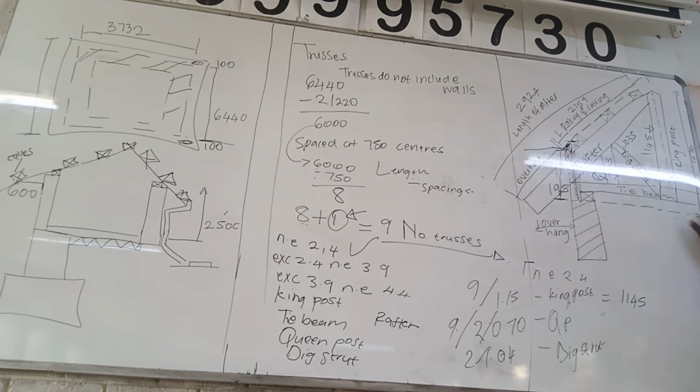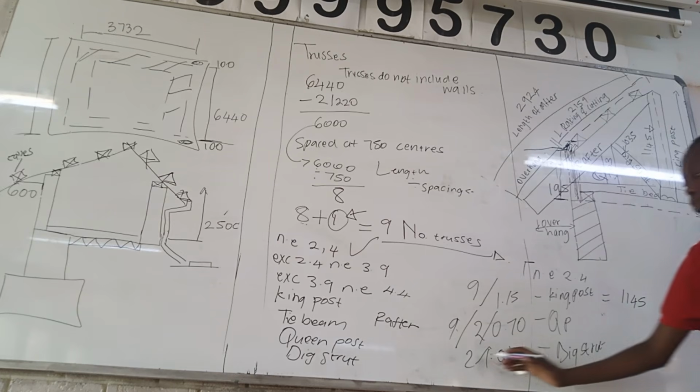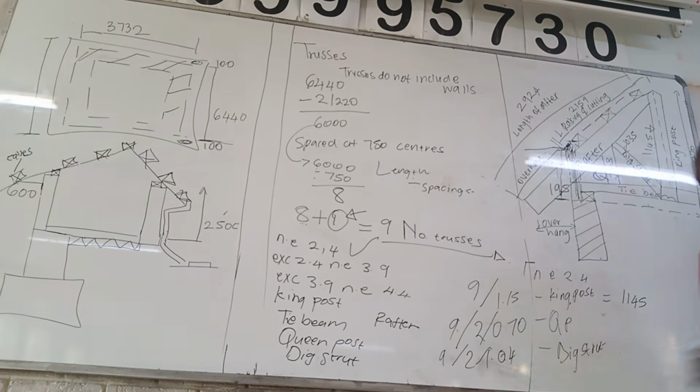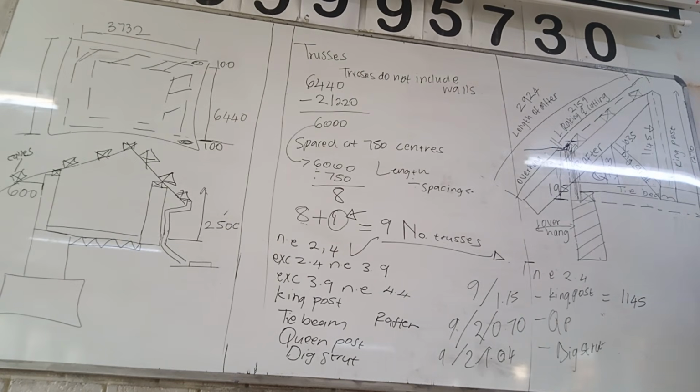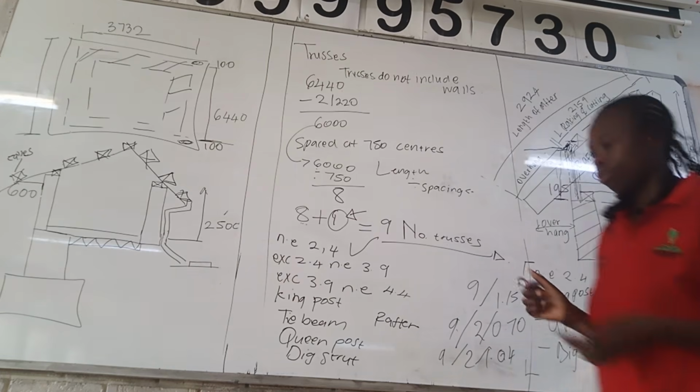Yes, we have done a half truss here, but when you take off, you do not take off using the half truss. You take off using a full truss. So yes, here we see 1 diagonal strut, but in a full roof truss, how many diagonal struts are there? There are 2 again. So multiply by 2 and then multiply by the number of trusses, which is 9. Is there anything else that is not exceeding 2,4? No again. Okay, you can copy here.